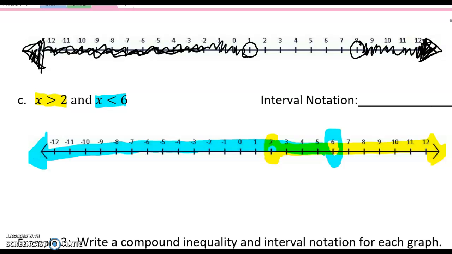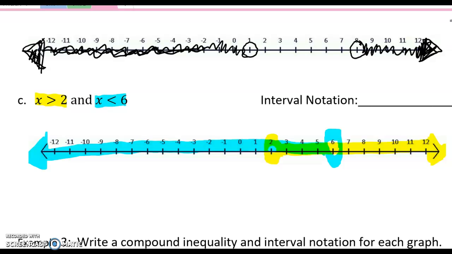All right, so the reason why I use the two different colors is that we want to understand for the compound and, what exactly are we looking for in terms of the graph? Well, in terms of the graph, we are looking for where the two different shadings overlap.